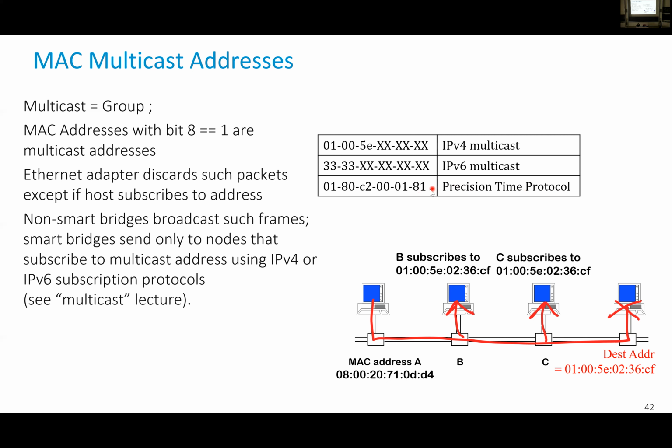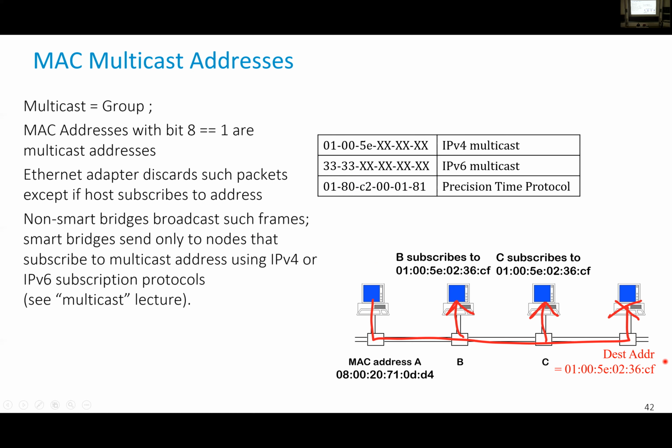Whether it's an IP or non-IP protocol, it will tend to use its own MAC addresses here. That means all the devices that are switches that want to be synchronized by this protocol. We will talk about multicast a bit later in the multicast lecture.